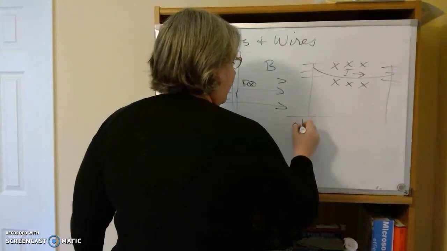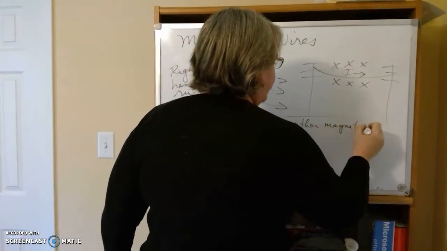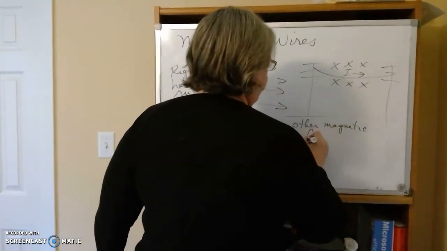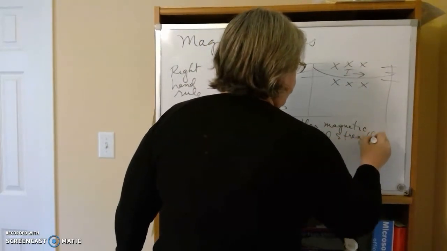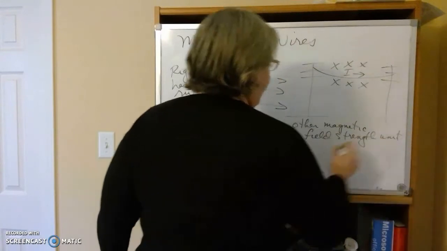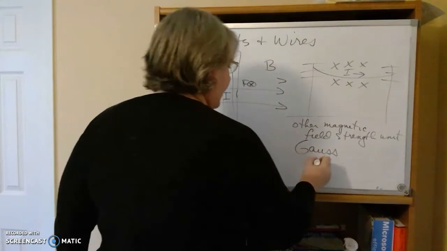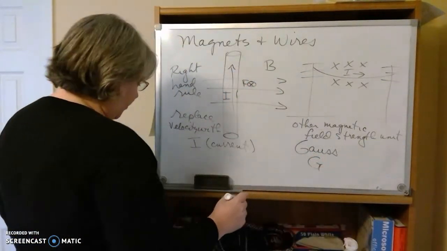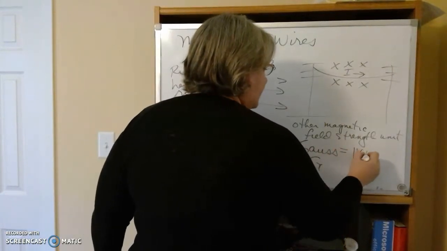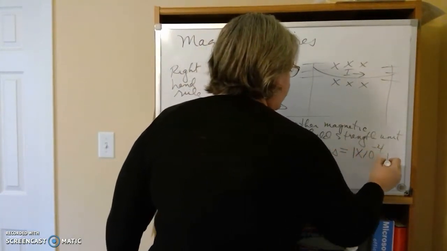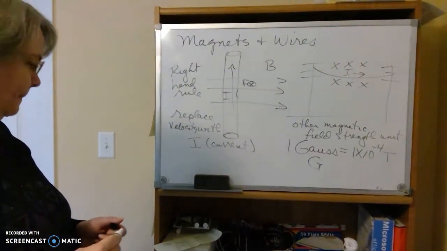There are other magnetic strength units, and that is Gauss, which is a capital G, and one Gauss is equal to 1 times 10 to the minus 4 Tesla. Okay? All right.